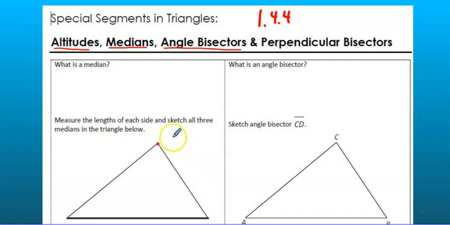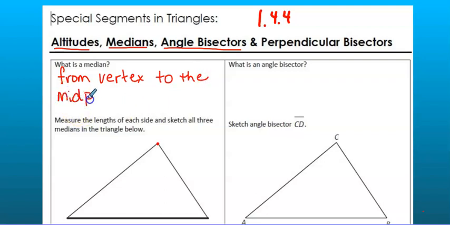Okay, so let's talk about the median first. A median is a line. It goes from the vertex to the midpoint, and we've talked about midpoint before, of the opposite side.